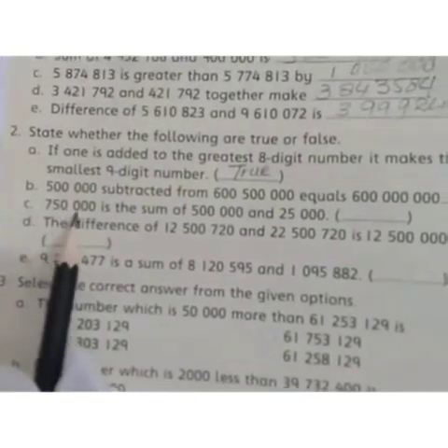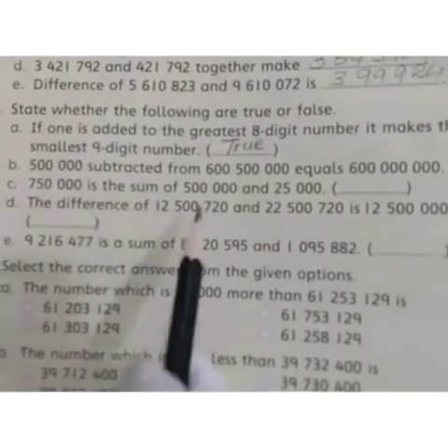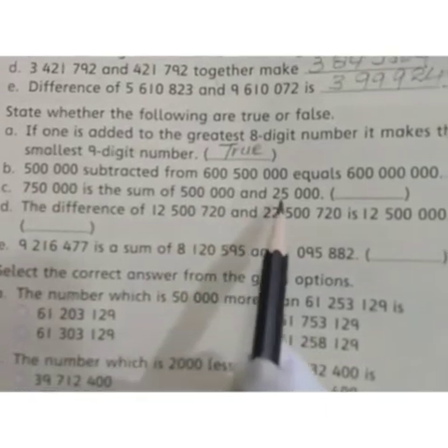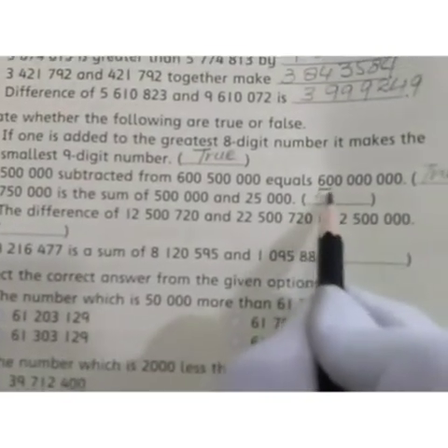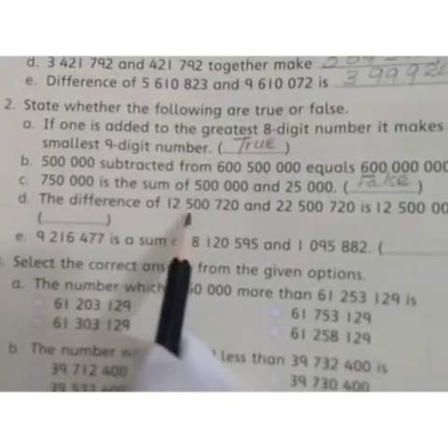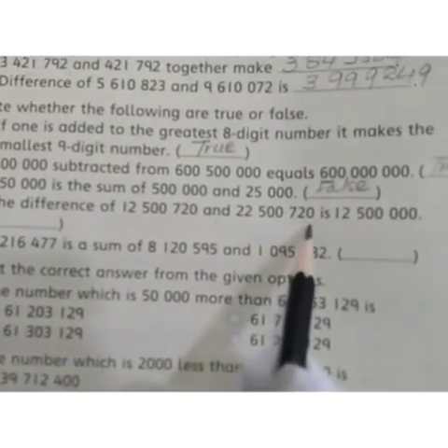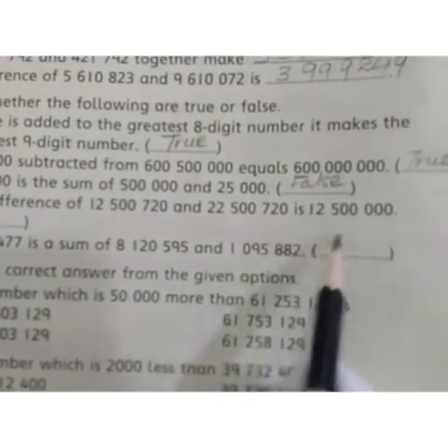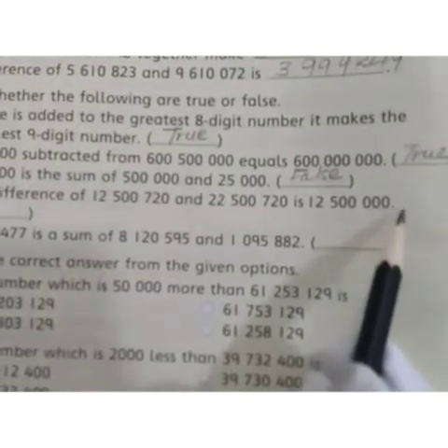In part C, 750,000 is the sum of 5 lakh and 25,000. When we add them, do we get this answer? No, it is false. The difference of the two given numbers is 1,500,000.